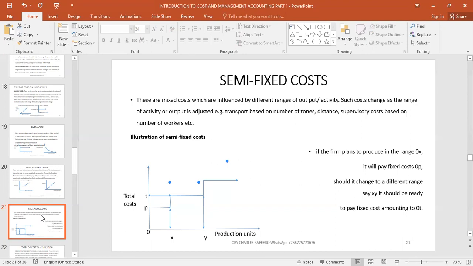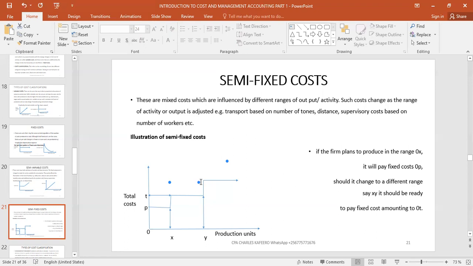So you will need to incur another similar cost of rent to accommodate the number of units which have exceeded the range.